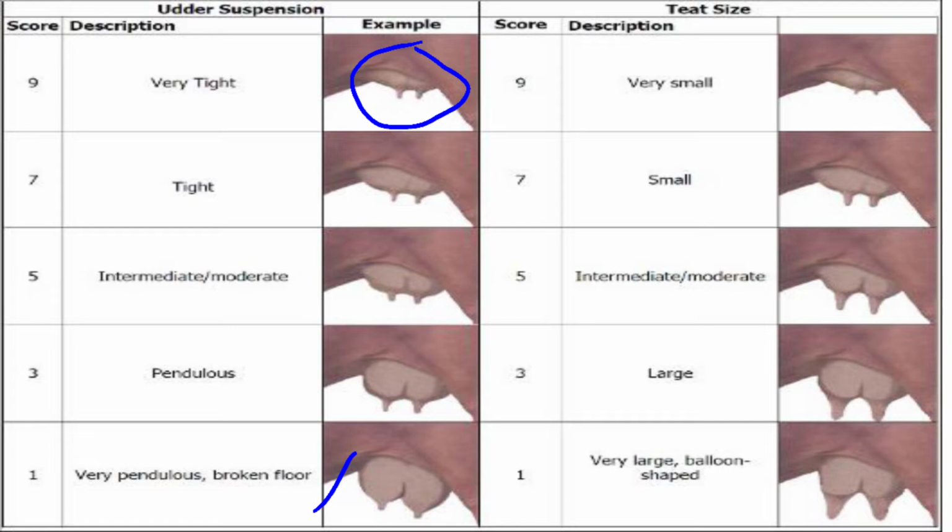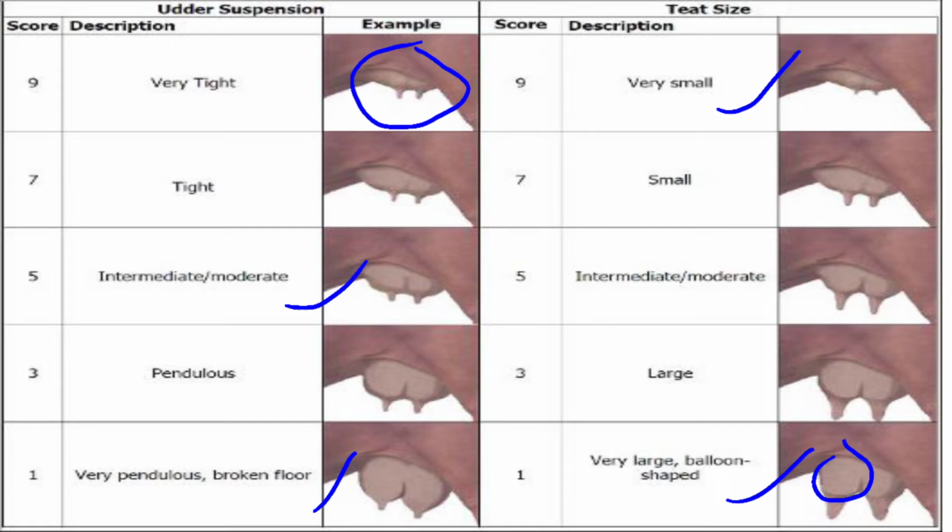Both are unideal or unacceptable for dairy purposes, because you can see that intermediate or moderate udders are more preferred by dairy farmers for milk production, while teat size 9 is very small and 1 is very large, balloon shaped, as shown in the diagram.